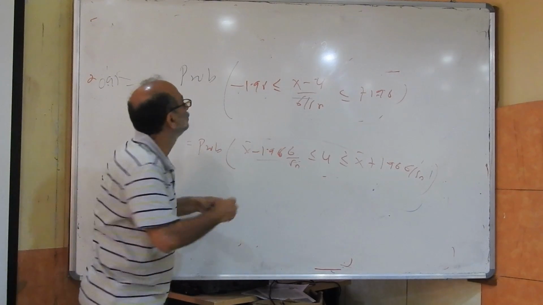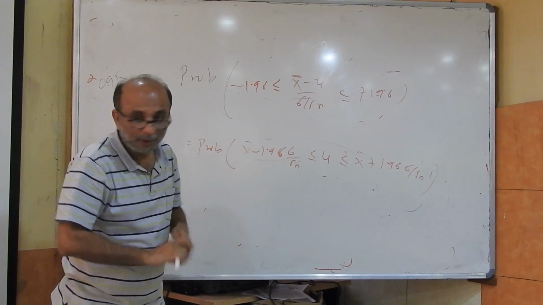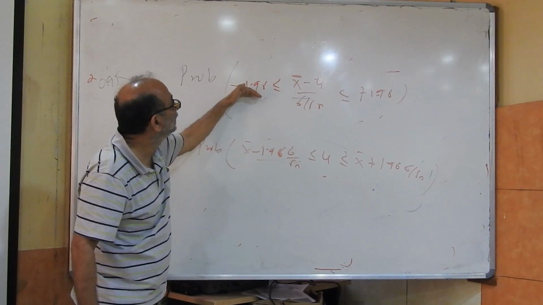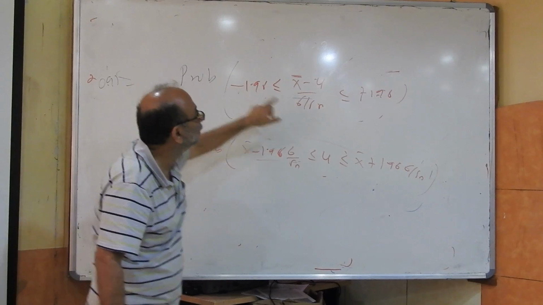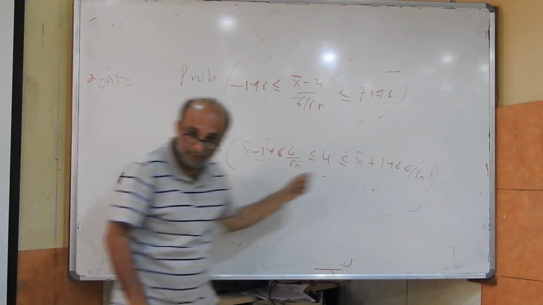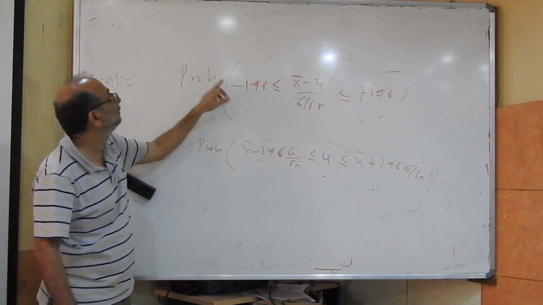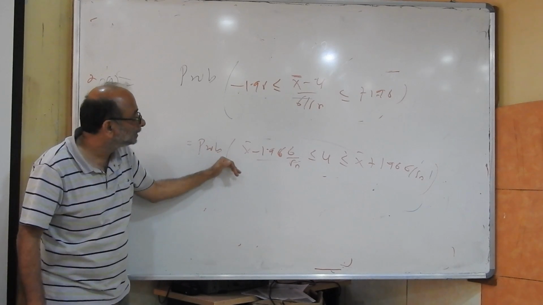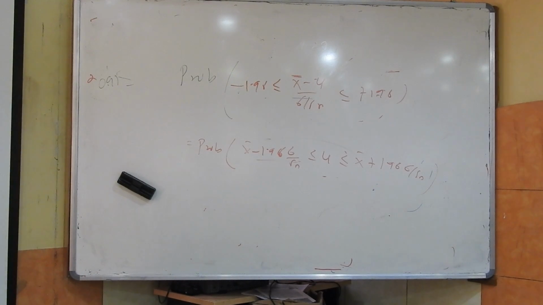So this was X bar. I've taken X bar on this side, X bar minus 1.96 into sigma by root n. First I multiplied sigma by root n on this side and on this side. I got minus 1.96 and plus 1.96 times sigma by root n, and then subtracted X bar from both sides. So I got X bar minus 1.96 sigma by root n and X bar plus 1.96 sigma by root n as two boundaries, with mu lying between them.